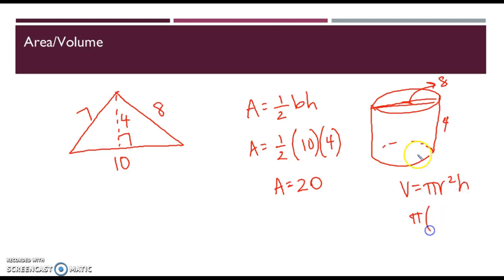My radius is going to be 4 because it's half of my diameter, 8. So you have pi times 4 squared times my height, 4. 4 times 4 is 16, and 16 times 4 is 64. We'll leave it in terms of pi because this is our exact answer, so we'll leave it as 64 times pi as opposed to plugging that into the calculator and getting a rounded decimal.